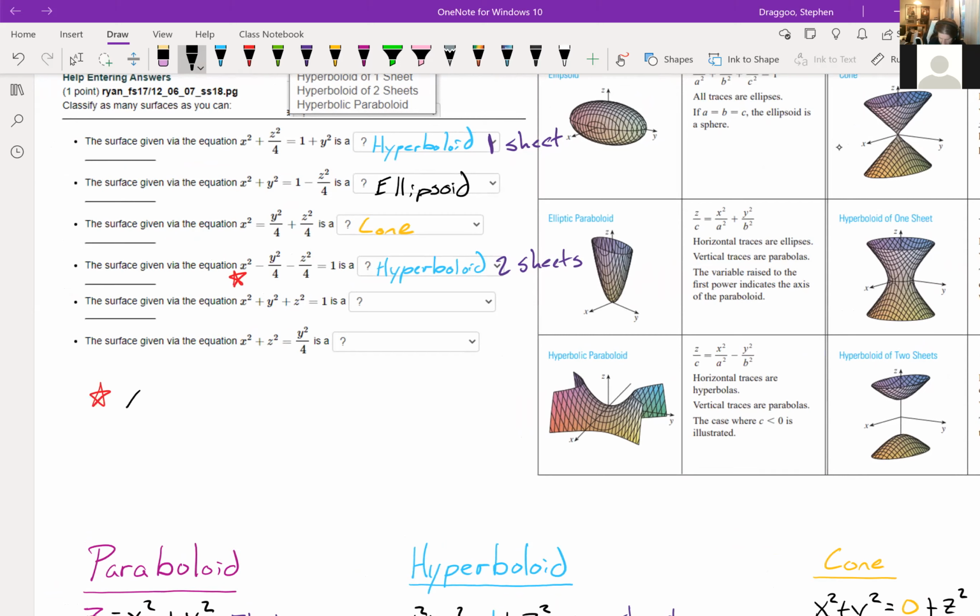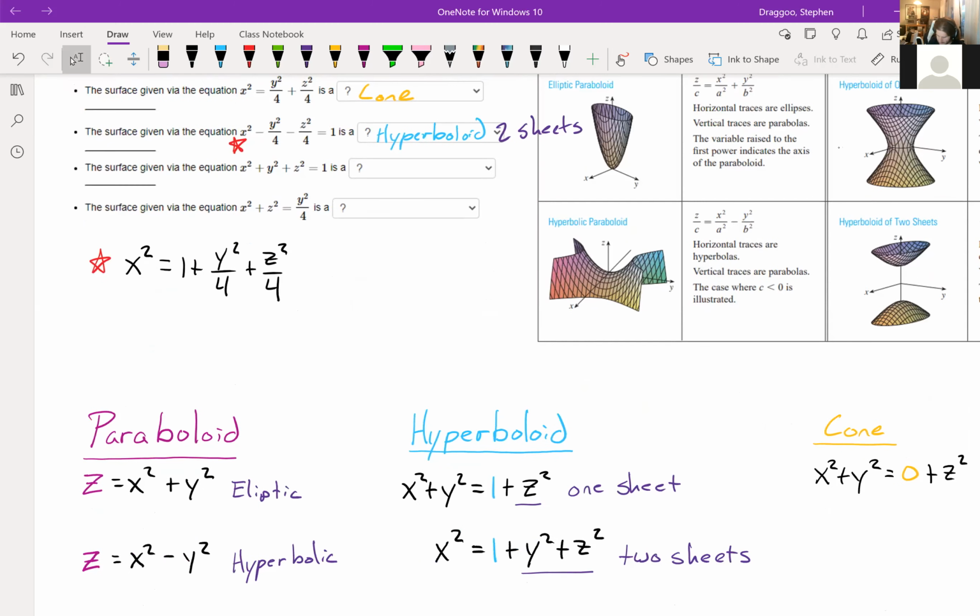I'm going to take x squared and leave it on the side that it's on, but I'm going to just add everything around to make it so that all my terms are positive. This is x squared equals 1 plus y squared over 4 plus z squared over 4. So I think that if I come back down to the method that I just talked about, it must be a hyperboloid of 2 sheets because I've got the 2 square terms on the side with the constant. Was my thought there.